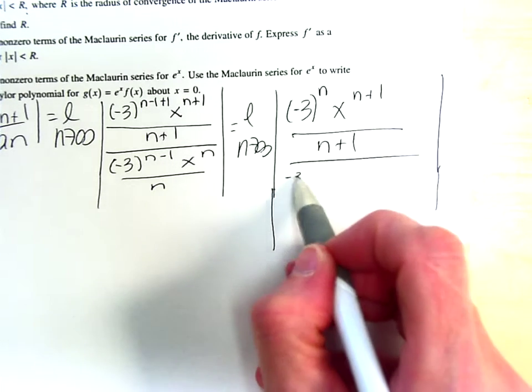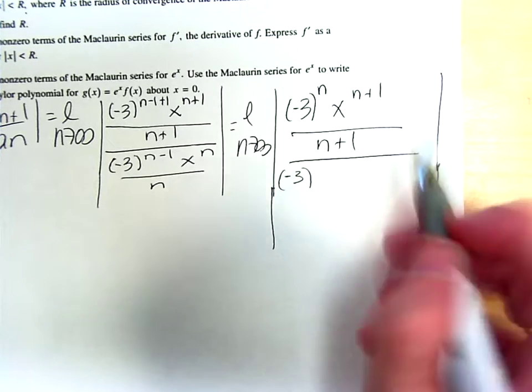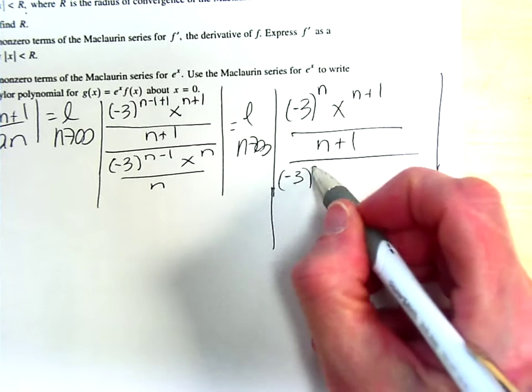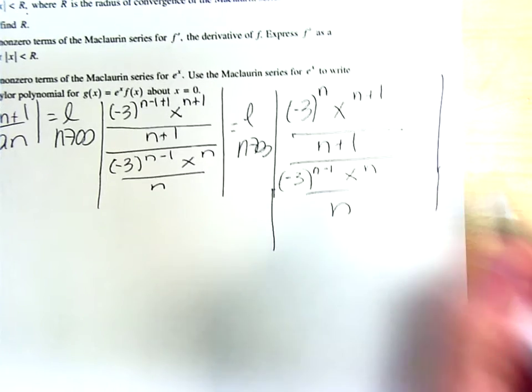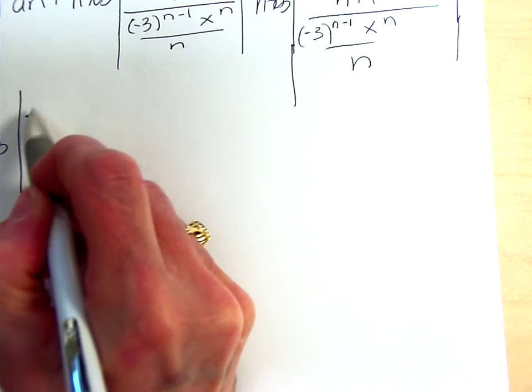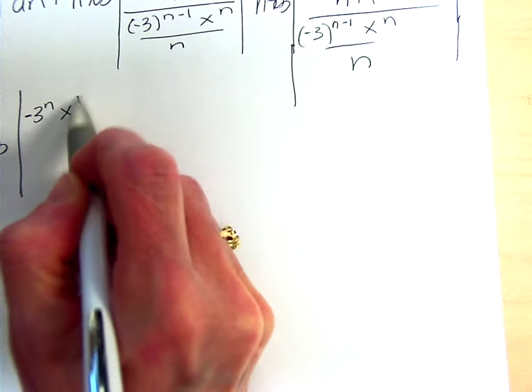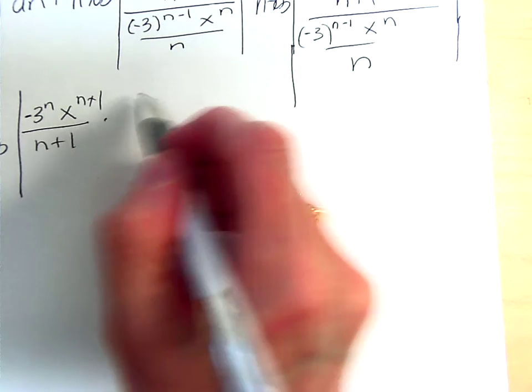Then minus 3 to the n minus 1, x to the n over n. So that might have been a redundant step, but yeah. Now I'll flip the guy. Minus 3 to the n, x to the n plus 1, all over n plus 1 times n.